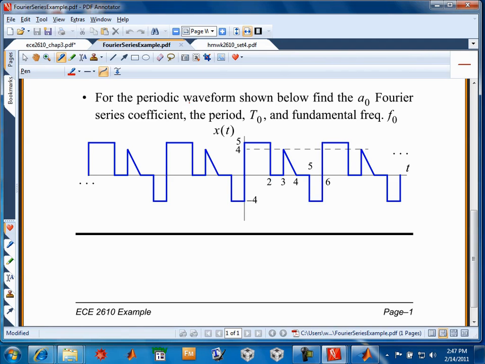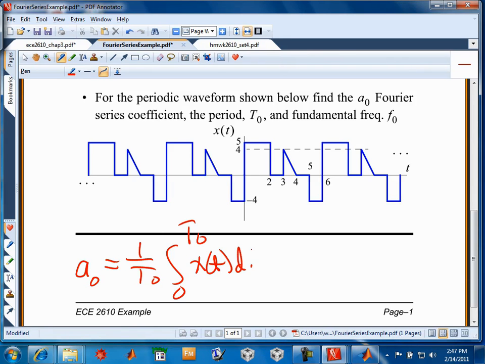If I want to find the average value, A0, remember A0 is just 1 over T0 times the integral over T0 of x of t dt. So how many of you think you can only do this by integration? Or can you get away with it some other way?